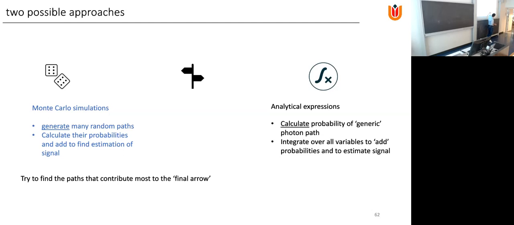I would integrate over all the variables that are in here, to find the probabilities of such a path and to estimate the signal. That is going to be very difficult. So I have to resort to this side, the Monte Carlo simulation, where I will generate many random photon paths. I will calculate each of their probabilities and add them to estimate the signal.